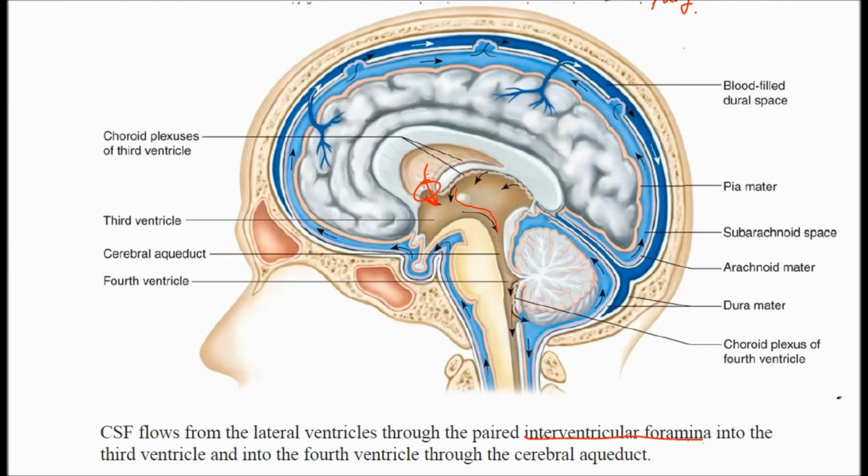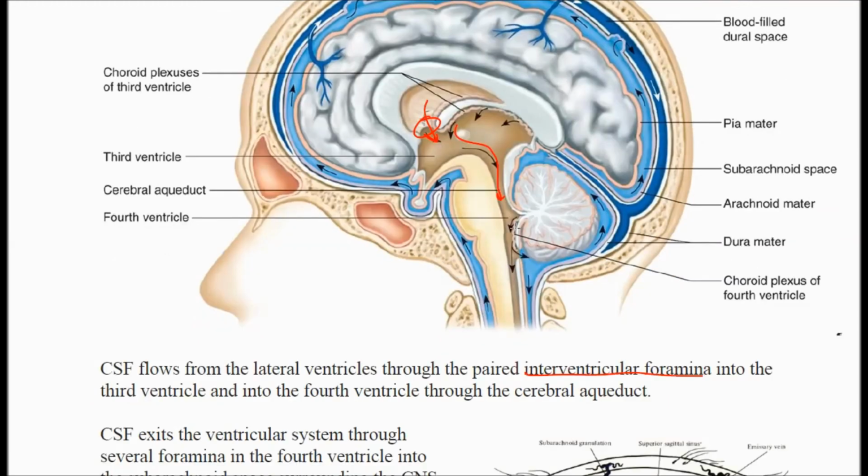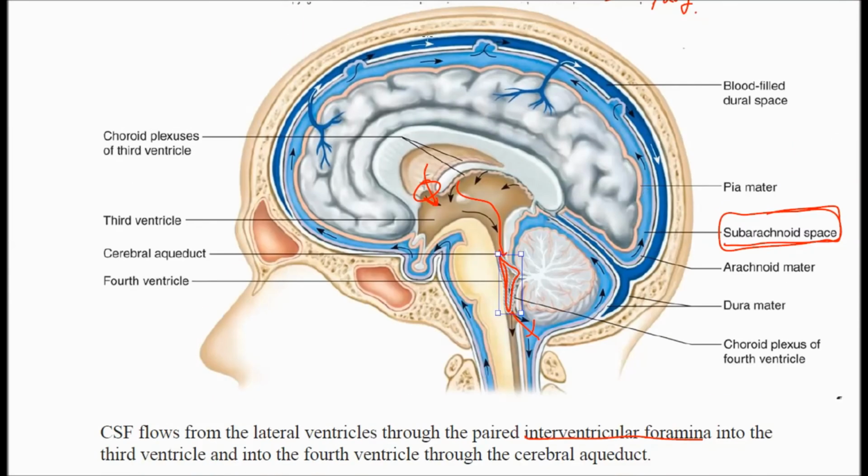And it circulates to the third and, through the cerebral aqueduct, goes to the fourth. So this is the fourth ventricle here, and it goes out to the subarachnoid space, enveloping the entire brain and the spinal cord.